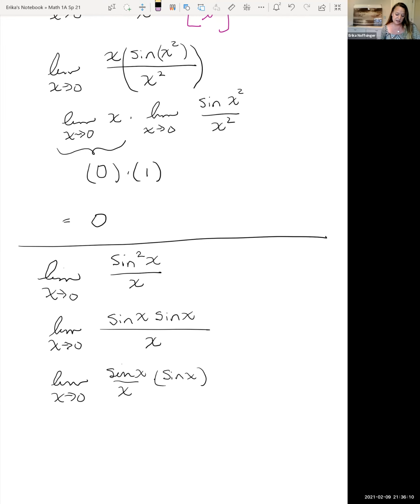We can break it down into both of those pieces. Sine x over x as x goes to 0 is 1, times sine of 0. But sine of 0 is 0, so we have 1 times 0, which in this case is also 0.